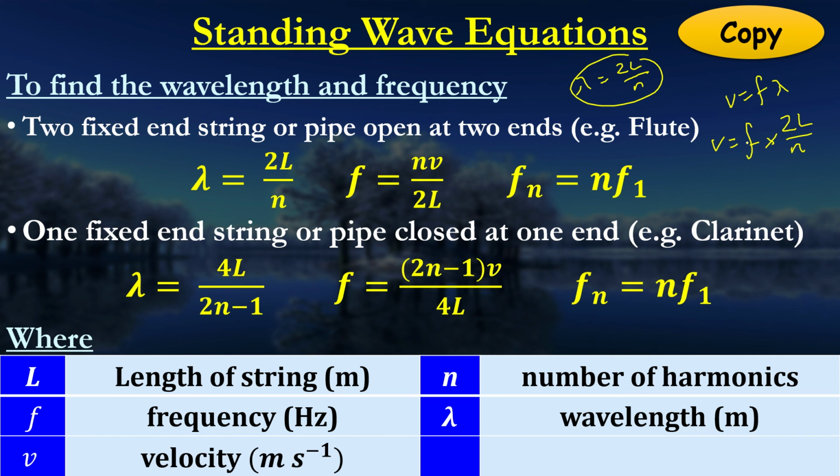If I want to make frequency the subject of the equation, then obviously it's n times velocity divided by 2L equaling the frequency of the instrument. That could be for any string instrument, that could be for any flute-like instruments, things like that. Just remember, in terms of the SI units, length is in meters, frequency is in hertz, velocity is in meters per second.